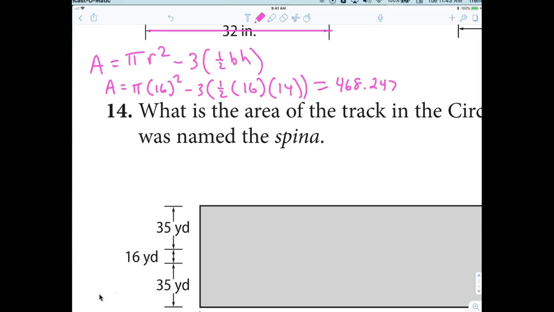All right, 468. Did anybody else get 468.247? I did. As Julia just found out, you have to make sure your calculator's on before you start typing in the solution. All right. Here we go. We're going to do it again.